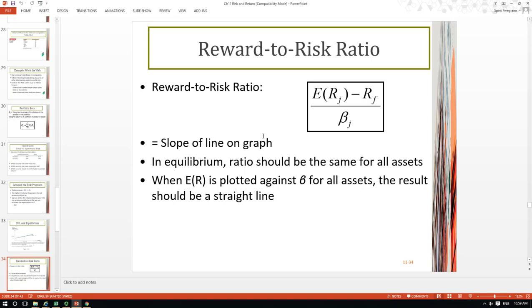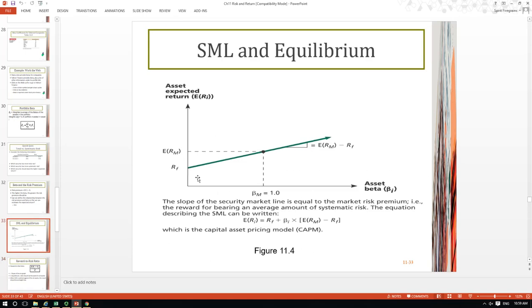So it is a ratio of excess return and market risk, and that will give you the so-called reward to risk ratio. It measures the actual return that an investor can earn by bearing each unit of beta. And on the security market line, you will see that the reward to risk ratio is essentially the slope of this upsloping line called the security market line.